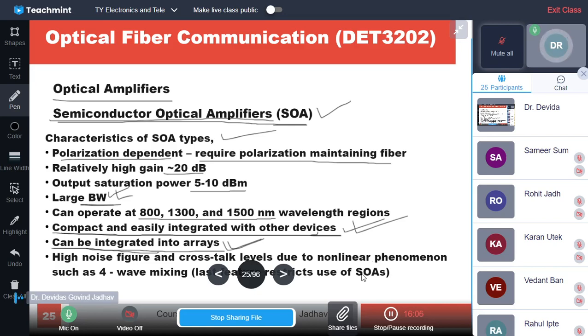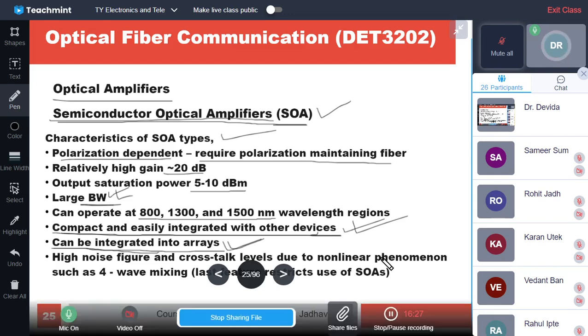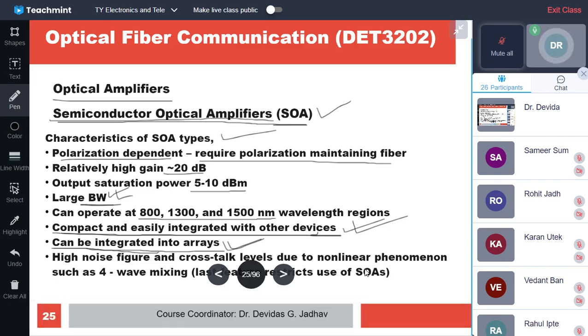So it restricts some crosstalk phenomena after four-wave mixing is offered, and it restricts the use of SOA in that case, though it is less for one or two modes. That's why it is for single mode operation. If more modes are used, with four-wave mixing or more, then there will be crosstalk levels sufficiently high to care for.